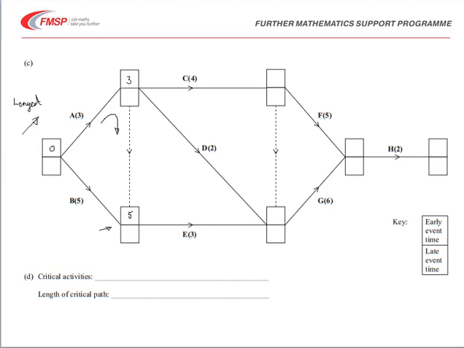And moving forward to this one here at the bottom, we've got 5 plus 3, or 3 plus 2. So the 5 plus 3 giving you 8 is the longest one there. Sorry, there should have been one more check there, because also looking along the top, we've got 3 plus 4 to get to this one here, which is 7. So just checking that that doesn't affect the event at the bottom.